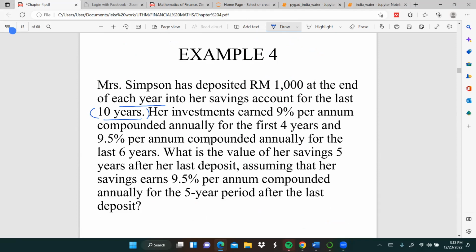Her investment earned 9% per annum compounded annually for the first 4 years and 9.5% per annum compounded annually for the last 6 years. What is the value of her saving 5 years after her last deposit, assuming that her savings earn 9.5% per annum compounded annually for the 5-year period after the last deposit?